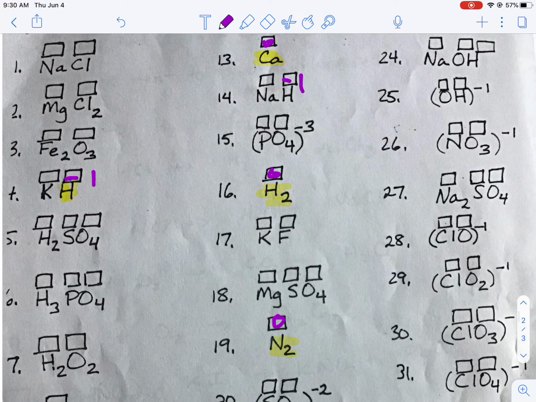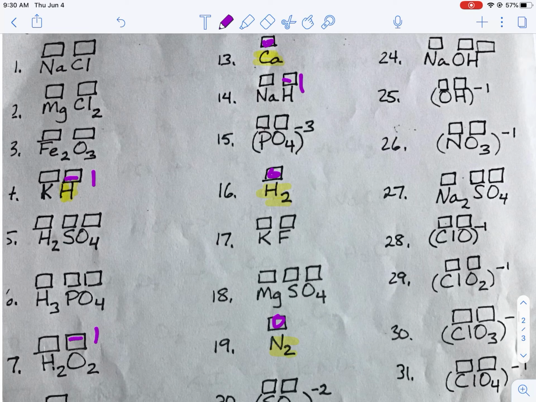Anyhow, the next one that we have is the oxygen exception. Oxygen in a 2-2 relationship, a binary compound where both subscripts are 2s, is the only time oxygen in a compound would be -1, and that is right here. There's another scenario where oxygen would be positive, and that is when it's bonded with fluorine.